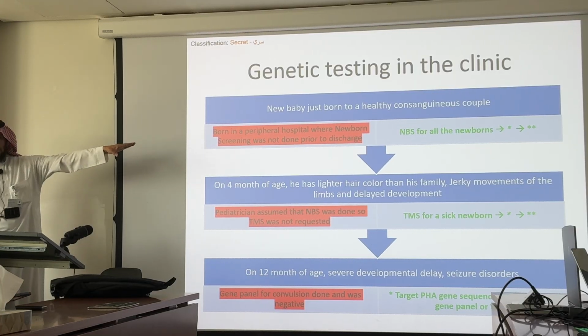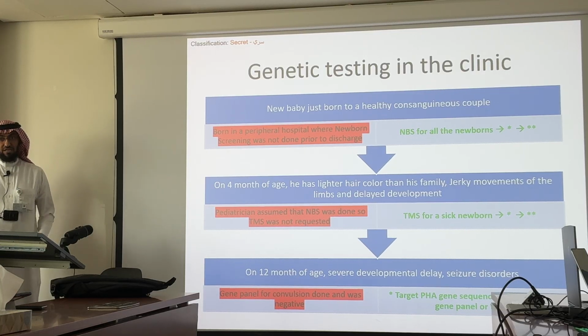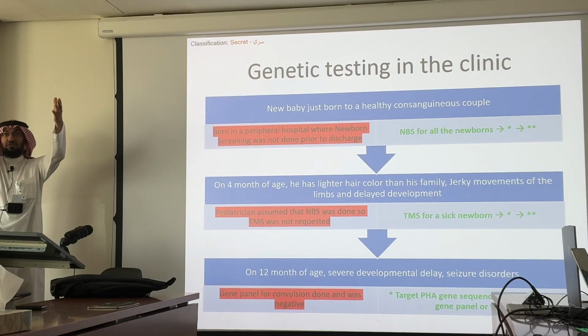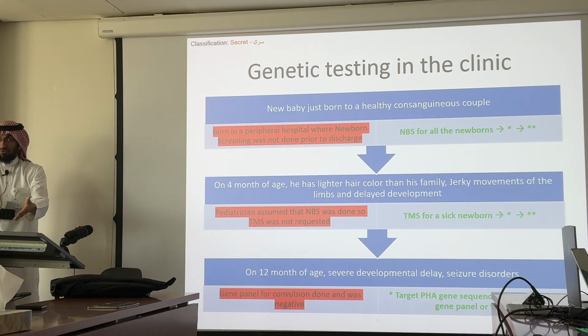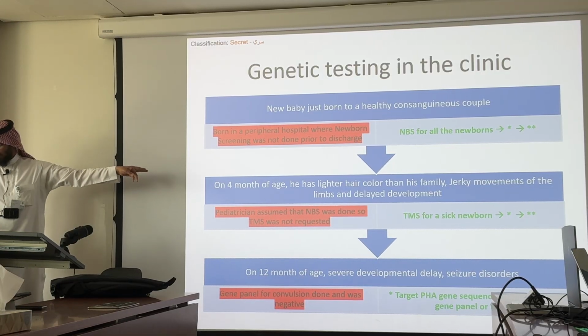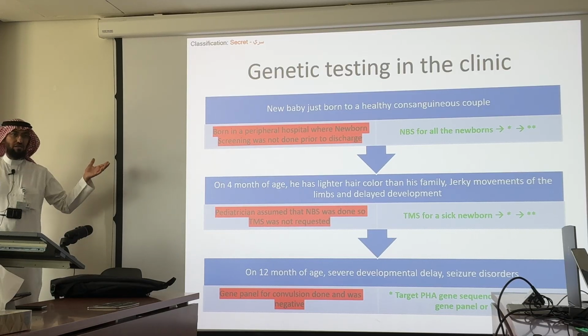If you miss this stage, the physician at the second visit at 4 months, he's a sick newborn. Even if he did newborn screening the first time, you should repeat it for a sick newborn or sick infant. If you do it, you will pick it up. So it was missed at this stage. At 1 year of age, this is a clinical decision.